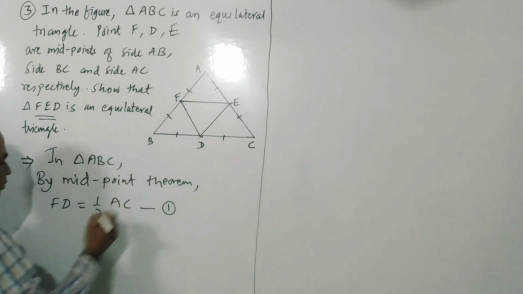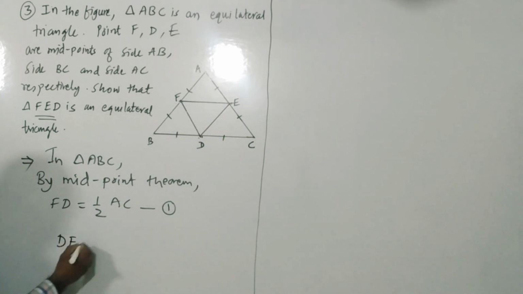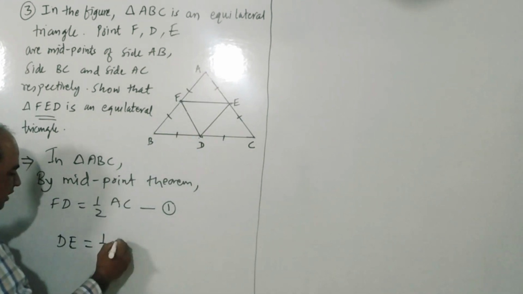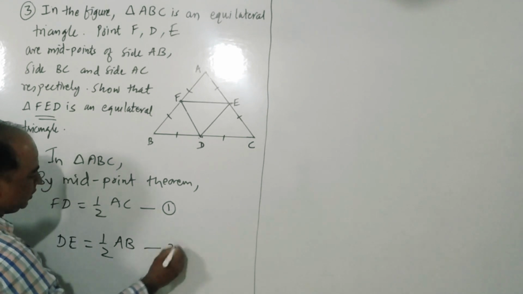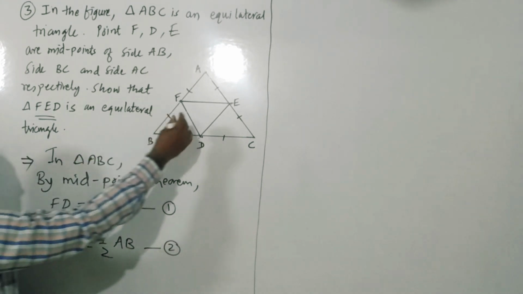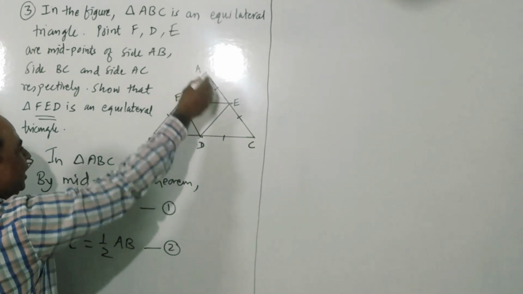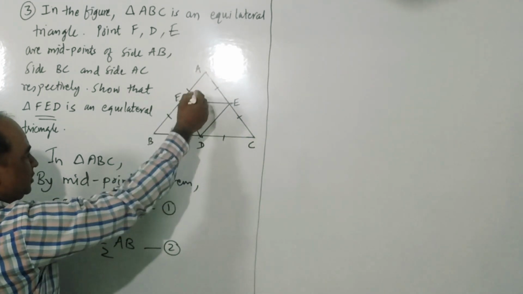So the segment joining the midpoints, that is DE, is equal to half the length of the parallel side, that is AB. And third, F and E are also midpoints of sides AB and AC of triangle ABC.